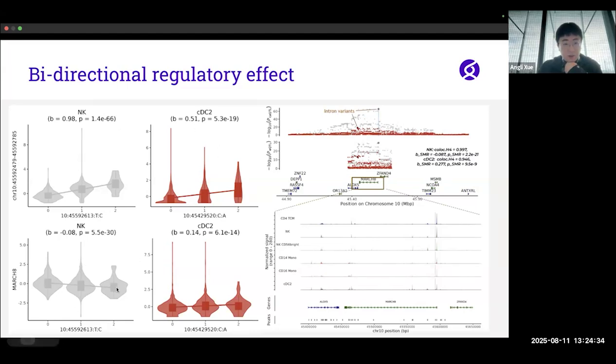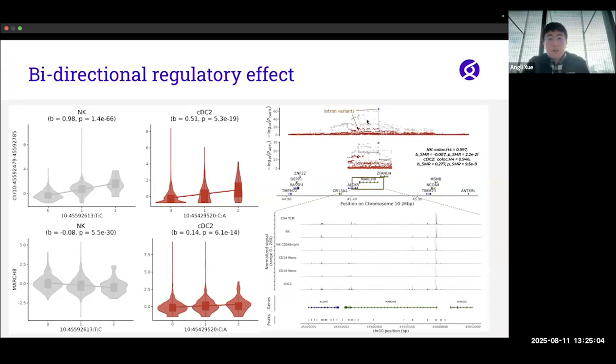But if we look at the bottom layer, which is a nearby gene called MARCH8, the eQTL effect: we found that in NK cells, the same allele provides a negative effect, but in the dendritic cells, it's increasing. So if we link the peak to the gene, in the NK cells the peak has a negative effect on the gene, but in the dendritic cells it has a positive effect on the gene.